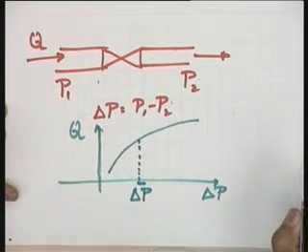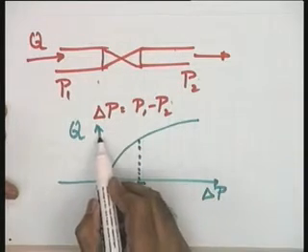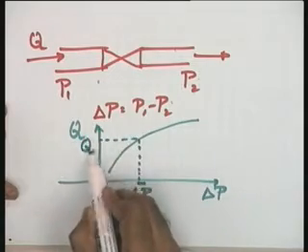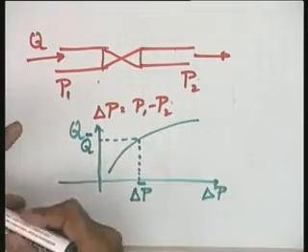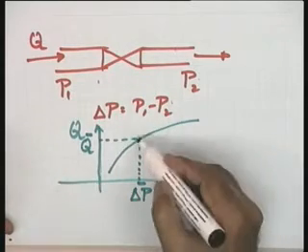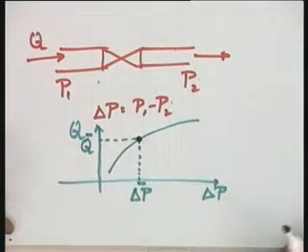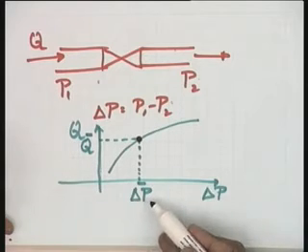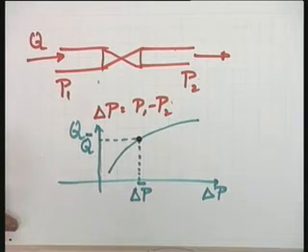Bar I have been using for the steady state situation, and at steady state the flow is Q bar. At steady state you can get it by a linear type of relation. If you are operating at this particular point, you can say Q bar is equal to some constant into del P bar.